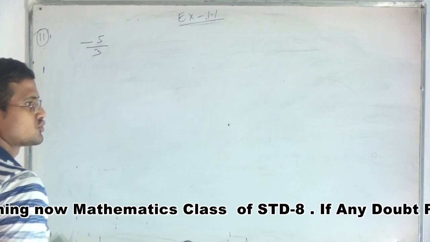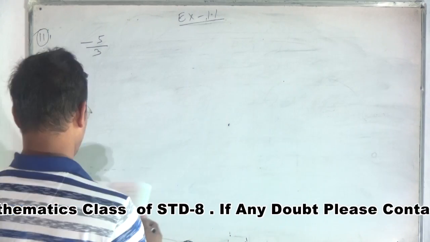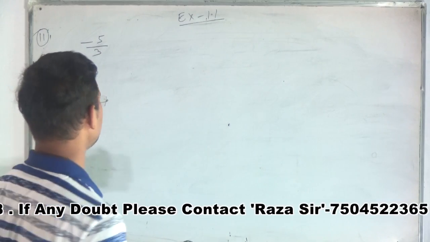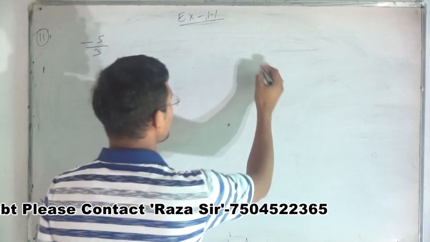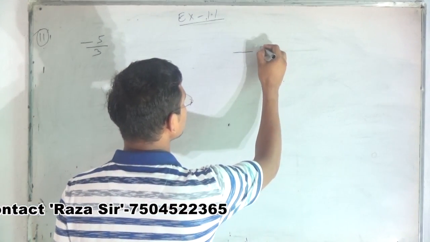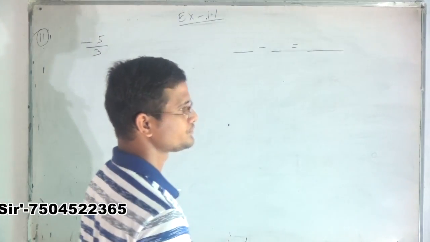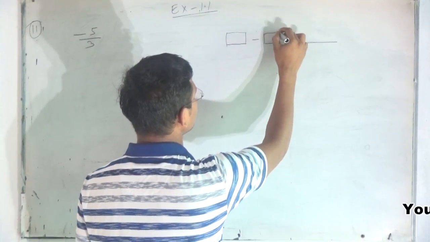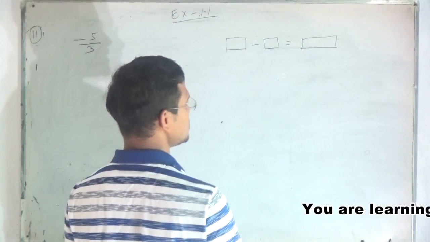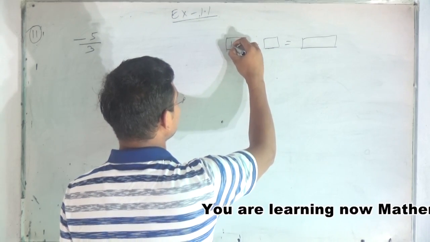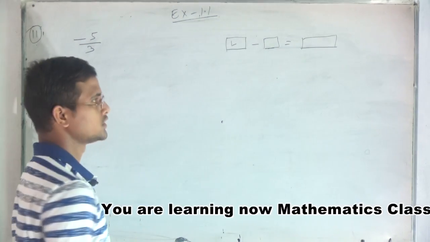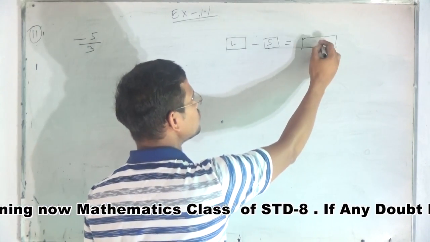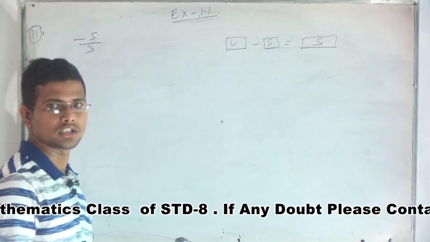You know, the word that comes after "from" is written first. What should be subtracted from minus 5 by 3 to get minus 3 by 4? In the subtraction case, if you subtract a smaller number from a larger number, you get a smaller number.